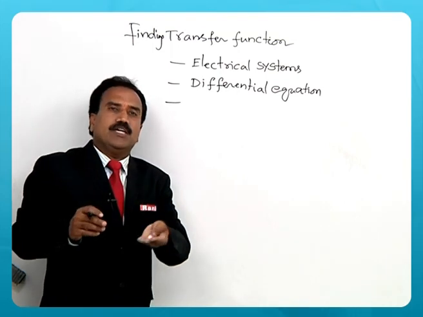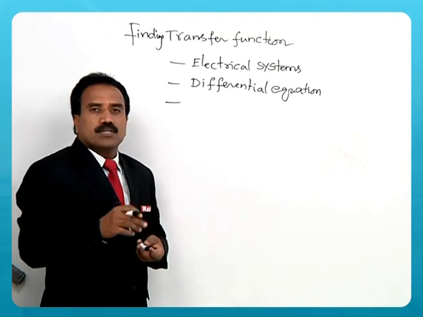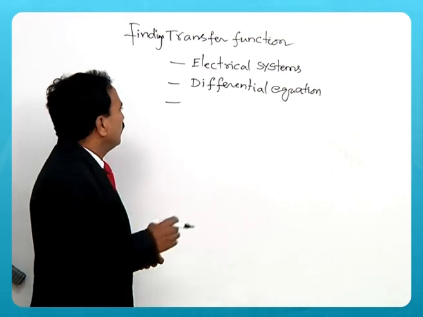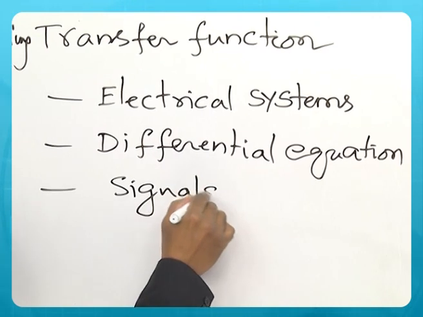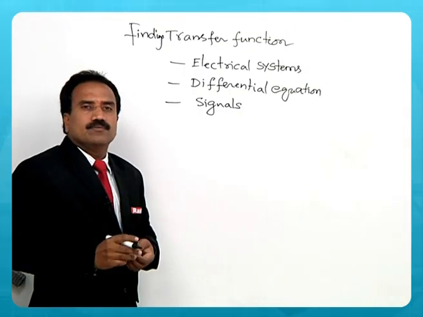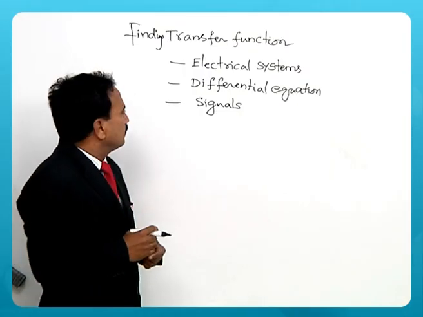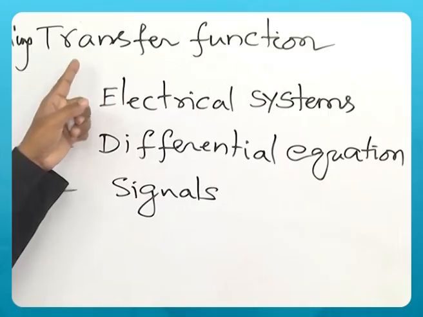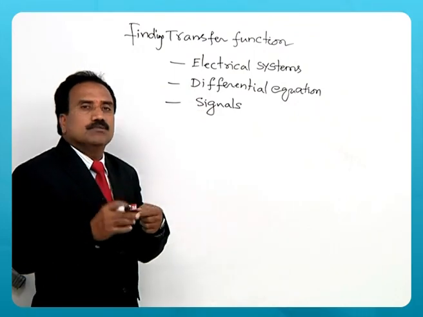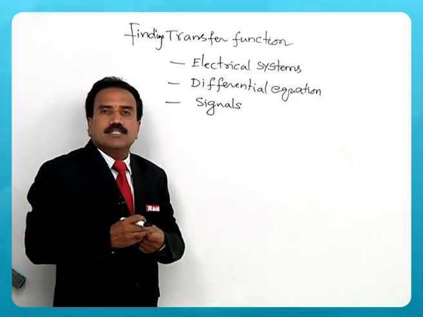You may be asked to find out the response for some other input. So for that we must have an idea of what kind of signals are available in control systems. Then with the knowledge of those signals, the response can be determined for various other signals.